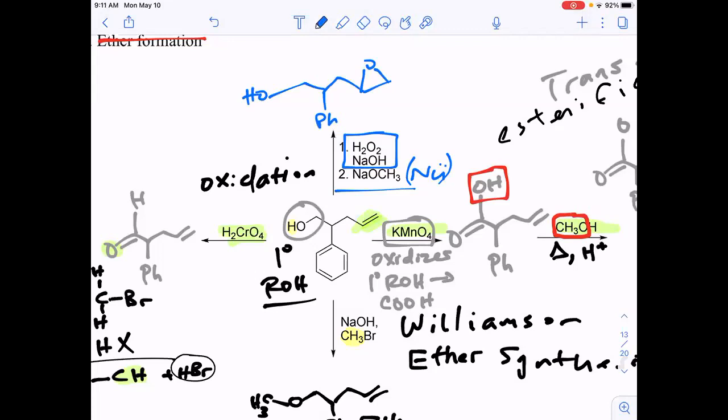And then the sodium methoxide is just going to open it up, right? That nucleophile is going to end up, and we're going to do the mechanism for this, and I'll show you how it works. But that final product is just going to look like this.